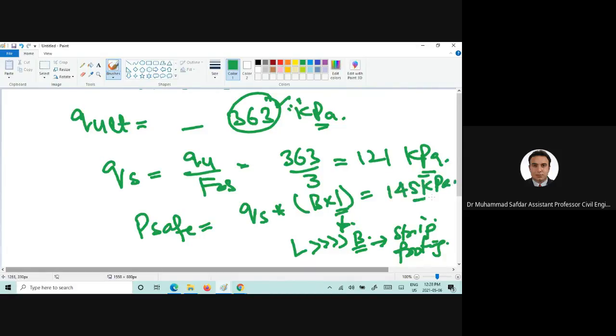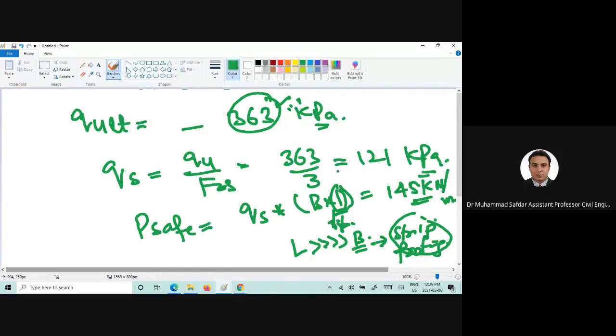In fact, it's not kilopascal, because we are using L equal to 1, so it would be kilonewton per meter, because it's a strip footing. We are taking length as unity.